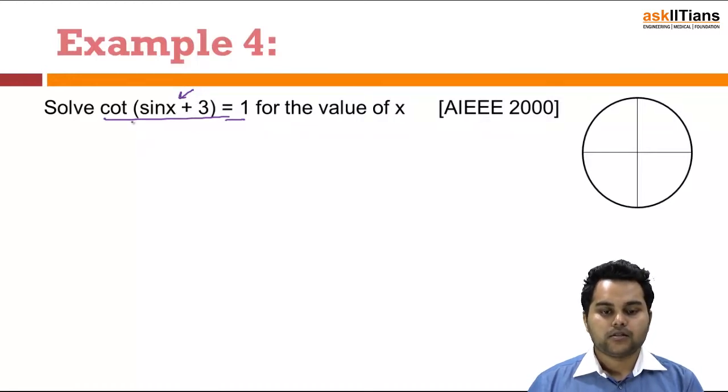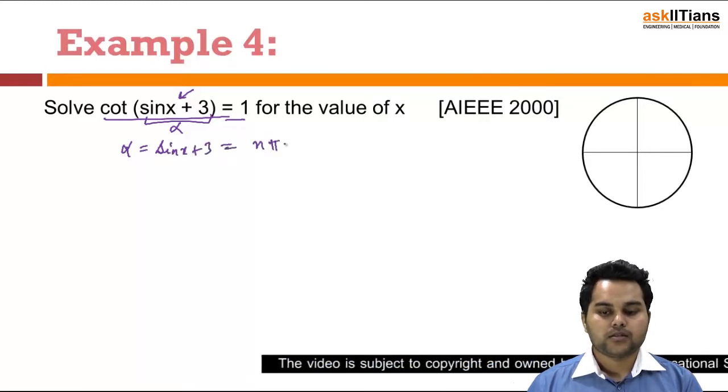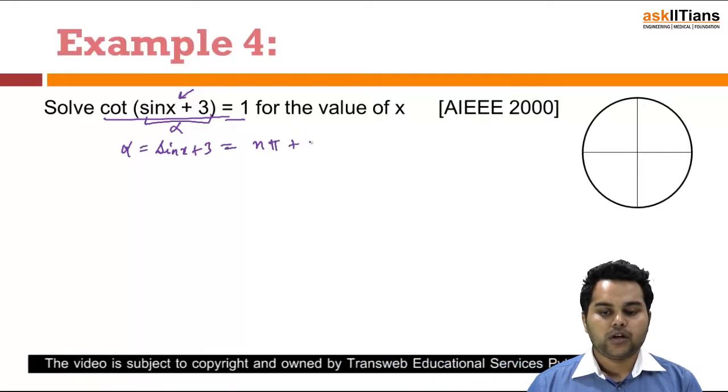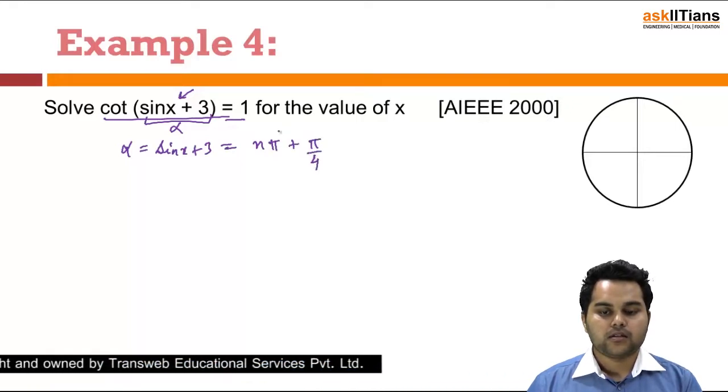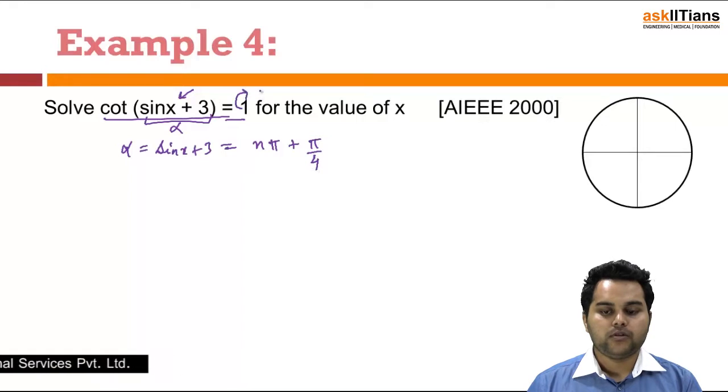So let this be just any value alpha. So cot of alpha is equal to 1, just for the instance. So I would get alpha, which is sin x plus 3, being equal to n pi plus pi by 4, as this is equal to cot pi by 4.